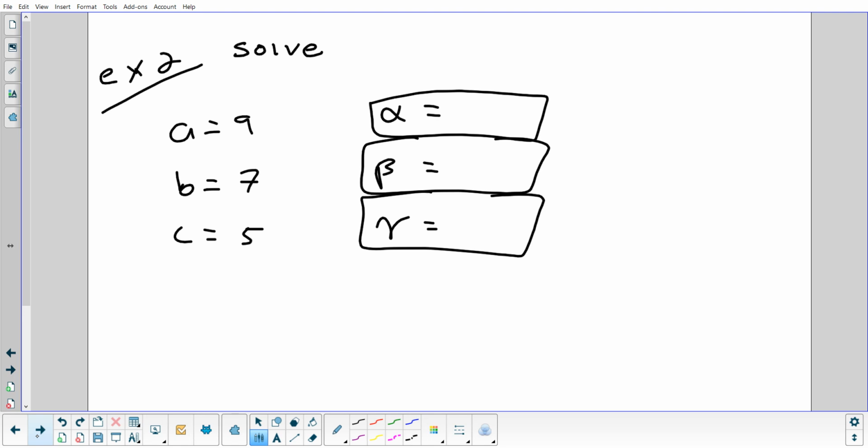Can anybody think of a type of triangle where you would only have to do it 1 time? Yep. Well, with a right triangle, we could do it totally different. We wouldn't even have to use Law of Cosines. And you could use Pythagorean theorem. So that would be a little different.